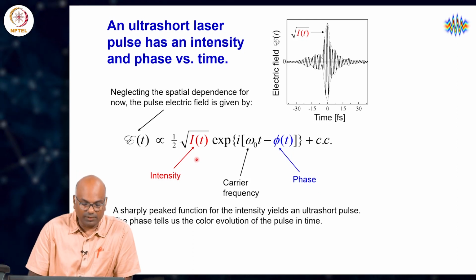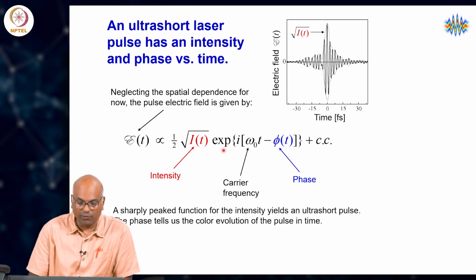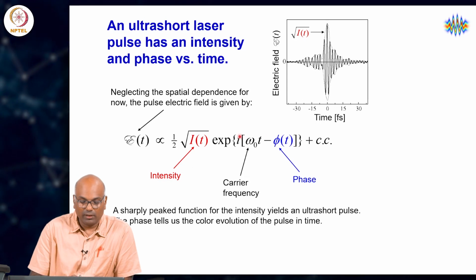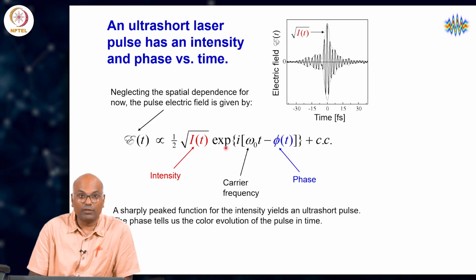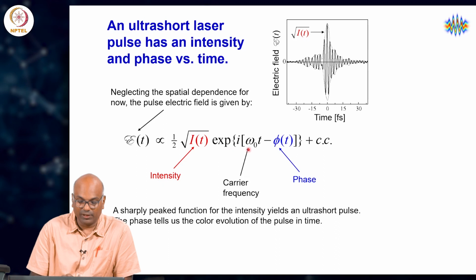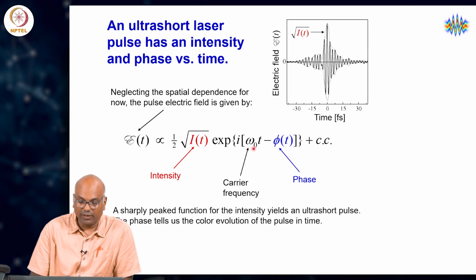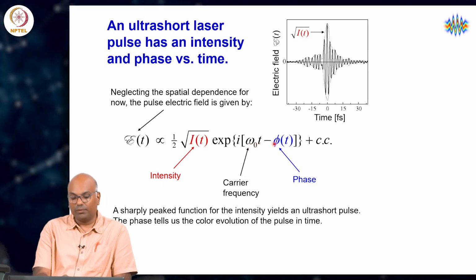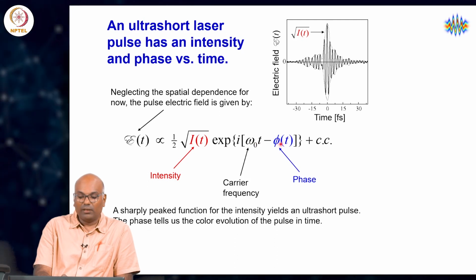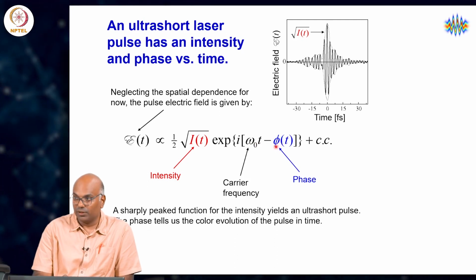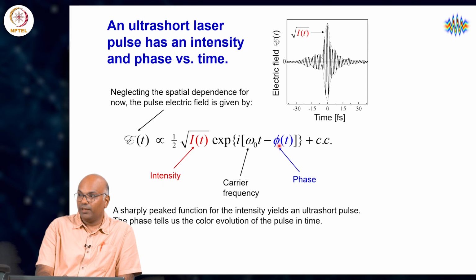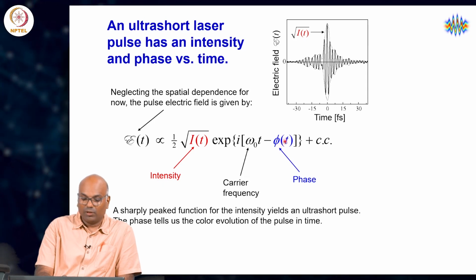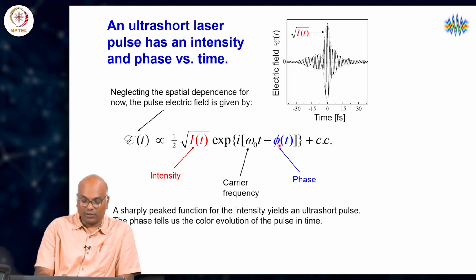All of that is captured in this phase term of the electric field written in complex notation, where we identify a carrier frequency omega naught and all the other slower variations of the field described through phi of t, the phase function.